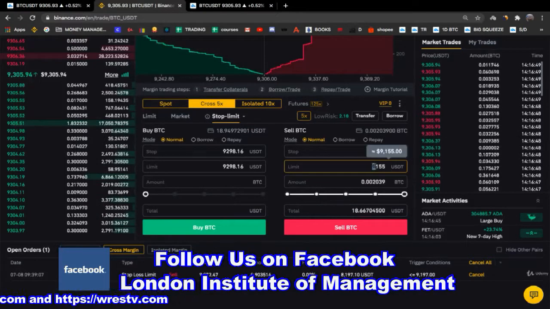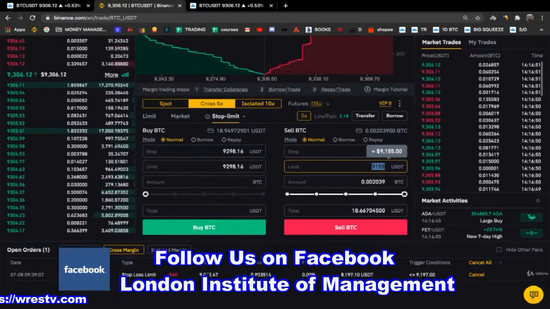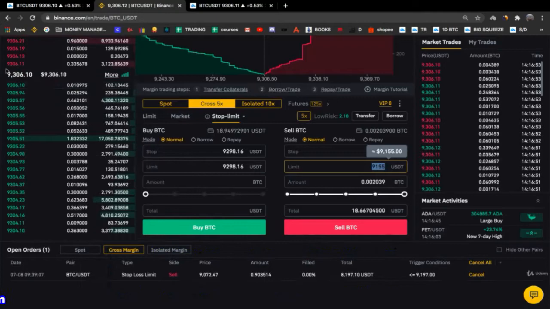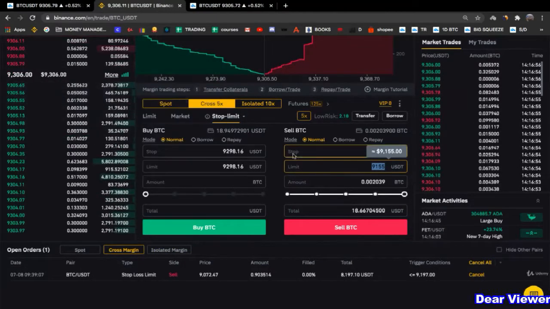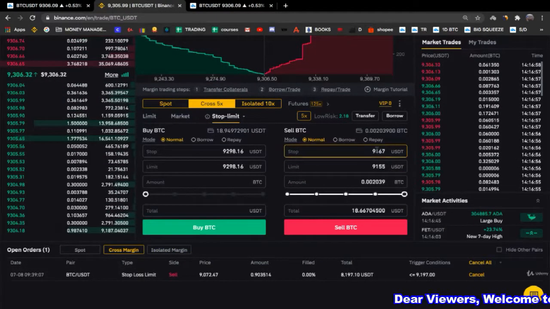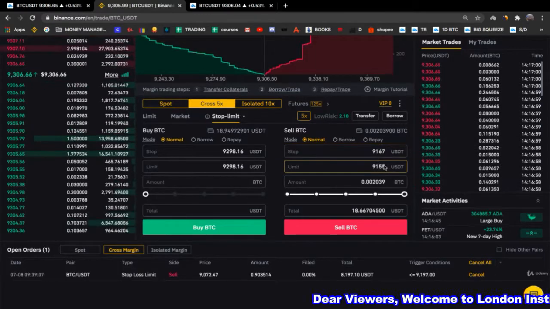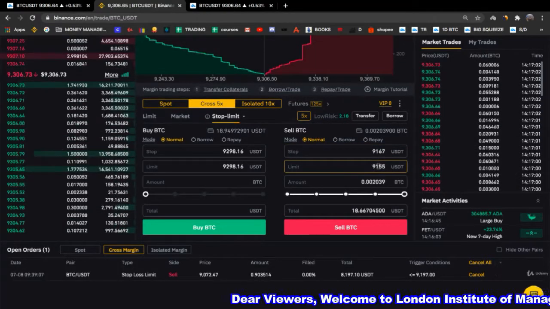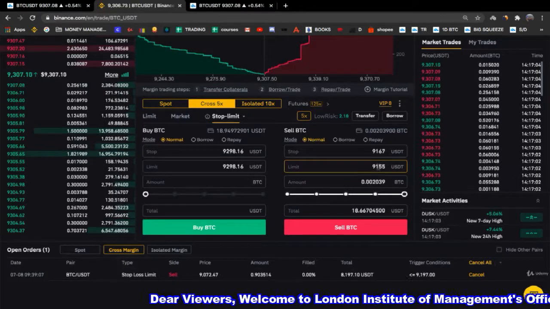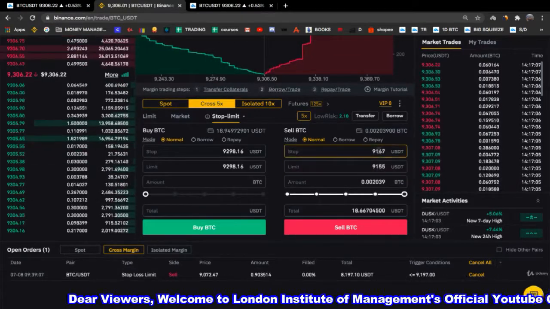Now, this is key here, guys, to understand. You are not really going to sell at this price. You are going to sell at the current market price, which of course is going to be around this level, right? So the price that you will get for your order is going to be close to this price.